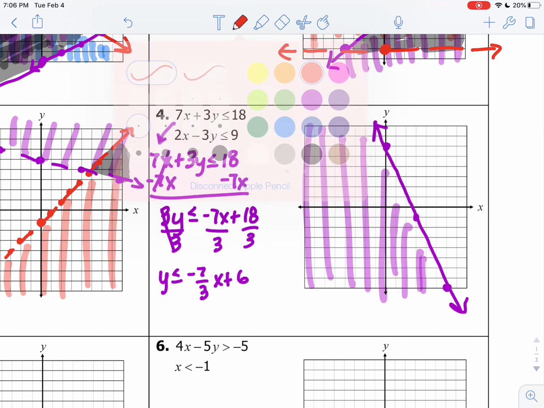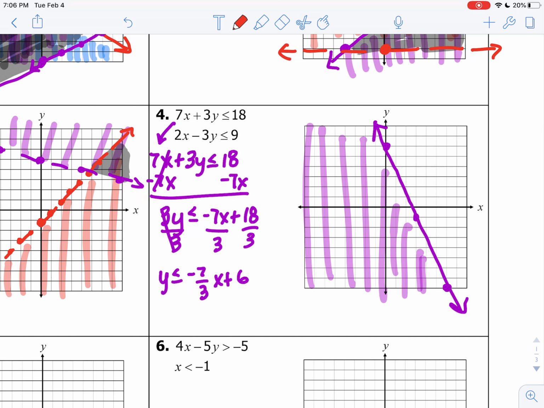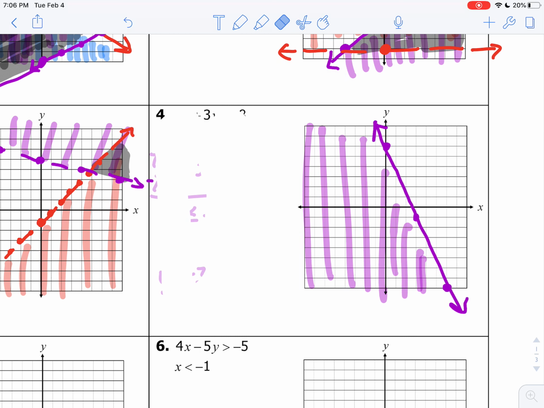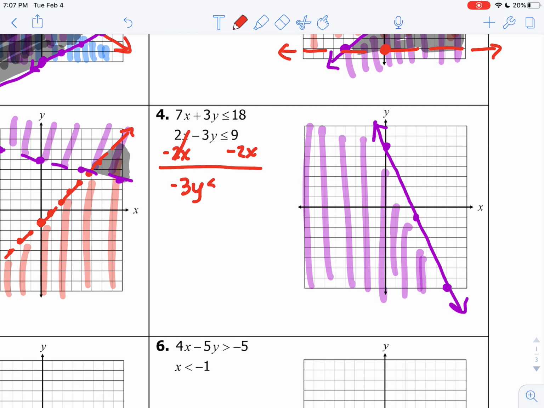And honestly, I'm going to erase all of this. So if you need to pause it and finish copying, do so, but I'm going to erase this because it makes it easier. So here, I'm going to subtract 2x. I have negative 3y is less than or equal to negative 2x plus 9. And then I'm going to divide by negative 3.